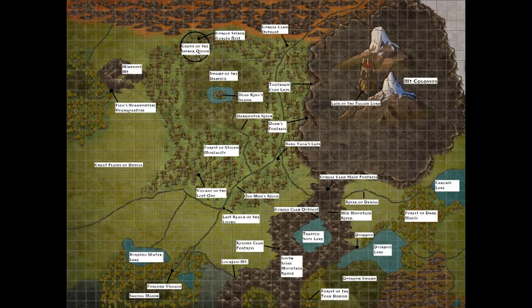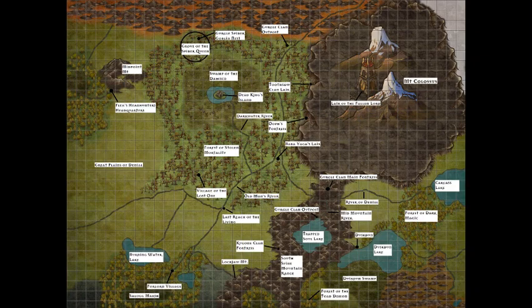Getting on to the intended topic for tonight. We had left off with the question of, with so many factions and political parties in the campaign setting, it's going to be something to do with Eternity Empire. I still don't have a title for it, but something to do with Eternity Empire because that's what this is.